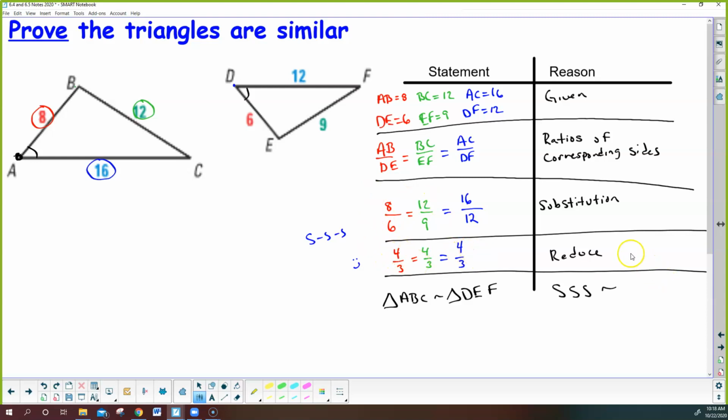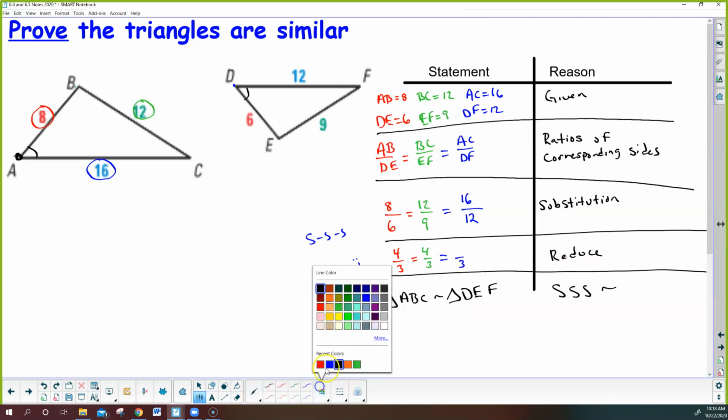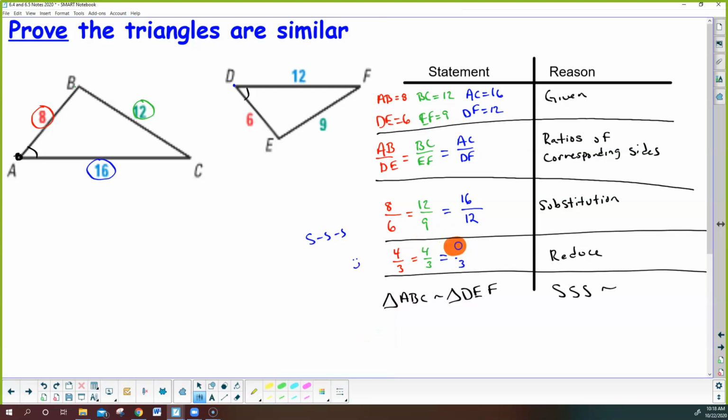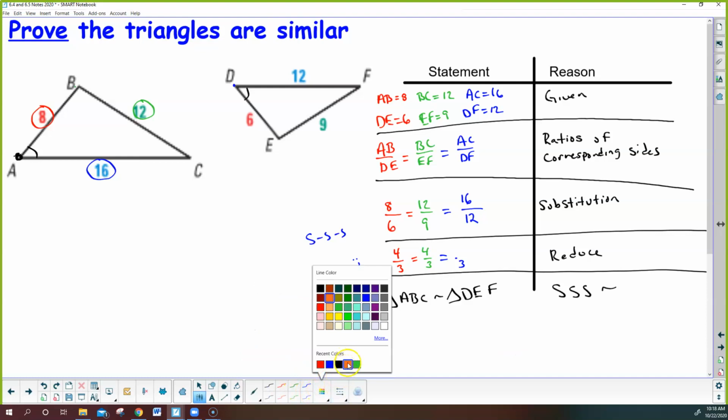Now, what would happen if, let's say that this ended up being, I'm going to erase this, but don't write this. I'm going to change it back. But what if this ended up being a 7? Ooh, that's not cool. Okay.